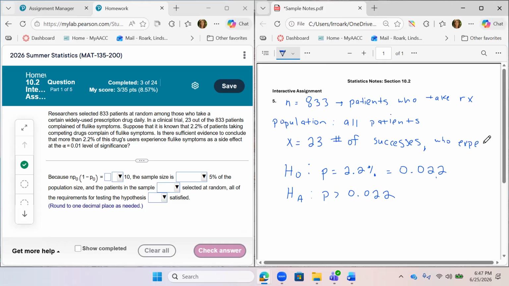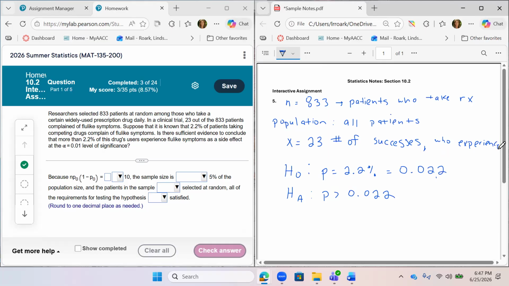We were also given the null hypothesis, because it says suppose it is known that 2.2% of patients experience these symptoms. So our null hypothesis is that P equals 0.022. The alternative asks whether there is sufficient evidence to conclude that more than 2.2% of the drug users experience flu-like symptoms as a side effect.